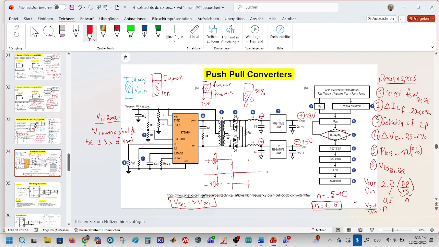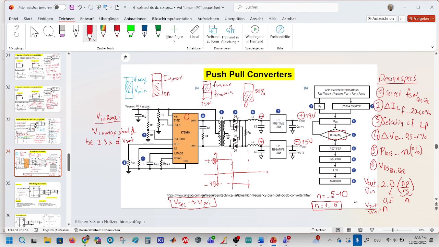We have 2 switches here in the controller LT3999. This is, for example, Q1, or according to our drawings, it was Q2, and this was Q1.